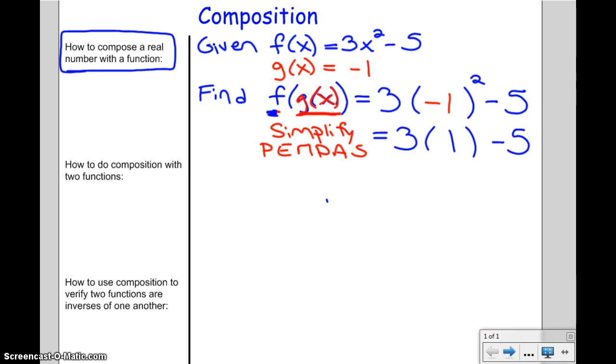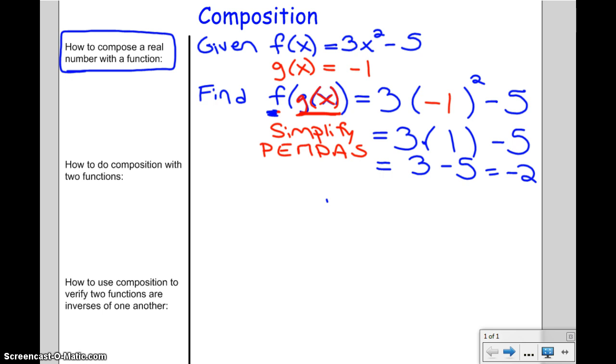Now that I've done parentheses and exponents, I can move on to multiplication or division. I do not have any division in this problem. I only have multiplication. So again, when you see a number and there's nothing in between the number and the parentheses, that means that I am going to multiply. So 3 multiplied by 1 is 3. And now I can subtract 5. I'm now at the point where I can add or subtract. So 3 minus 5 gives me -2.